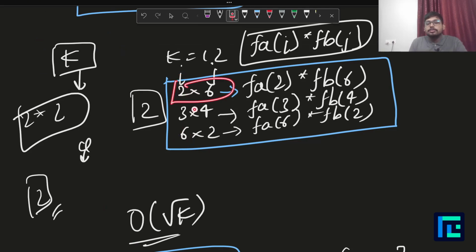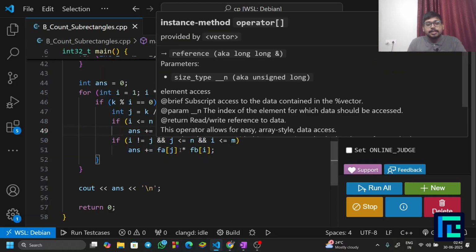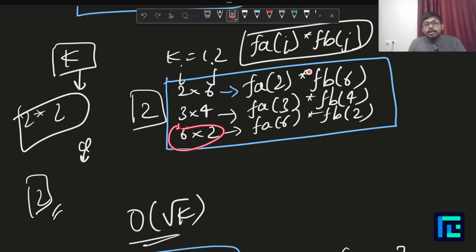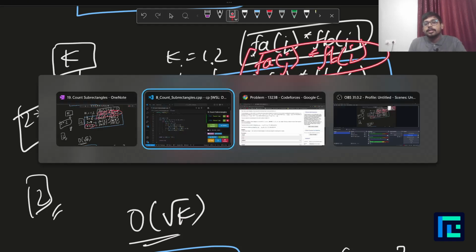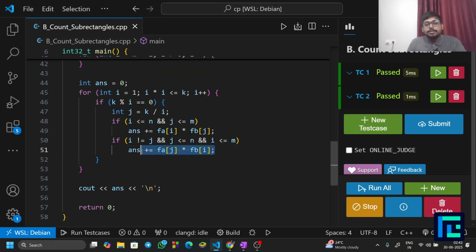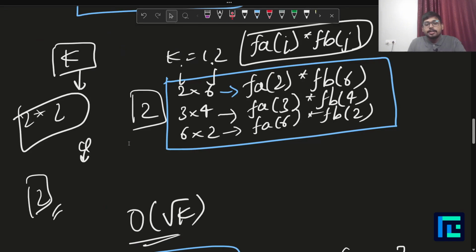If we have calculated for 2 cross 6, we also need to calculate for 6 cross 2, because if we are going up till square root of 12, we won't go to 6. In the all factors algorithm, when you get 2, this 6 is K by I. So you also need to compute FA of J multiplied by FB of I. We'll also add an extra check that I is not equal to J, because when K is 9, we would have a 3 cross 3 factor.